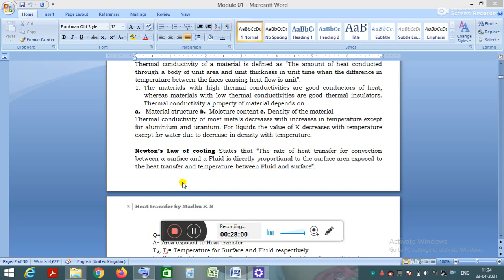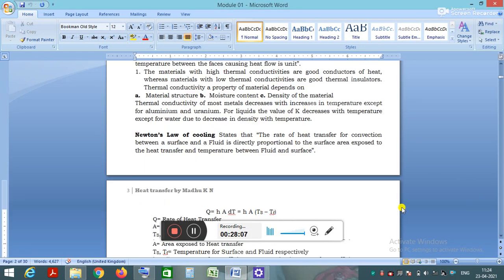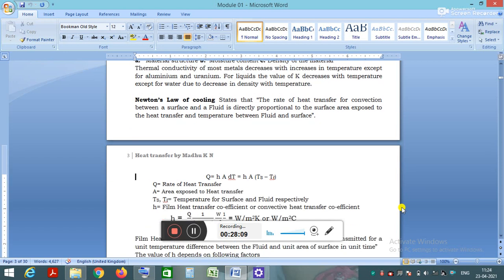That means the amount of heat transfer which takes place by convection between a solid surface and a liquid is directly proportional to the surface area A of the solid surface, and it is also directly proportional to the temperature difference between the surface and the fluid.